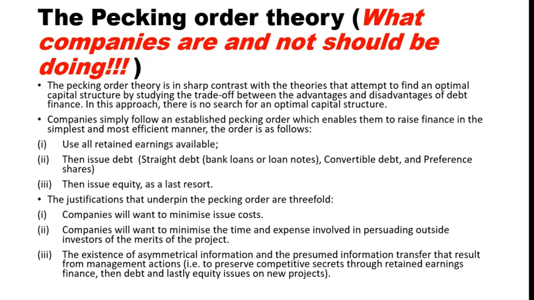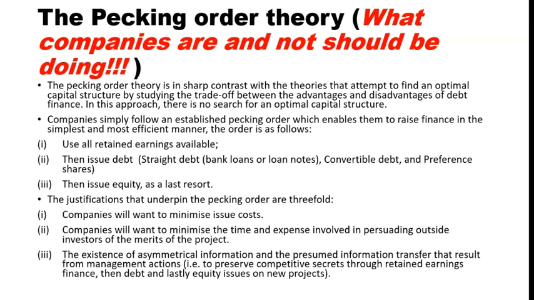So the pecking order theory is in sharp contrast with the theories that attempt to find an optimal capital structure by studying the trade-off between the advantages and disadvantages of debt finance. In this approach, there is no search for an optimal capital structure. Companies simply follow an established pecking order, which enables them to raise finance in the simplest and most efficient manner.